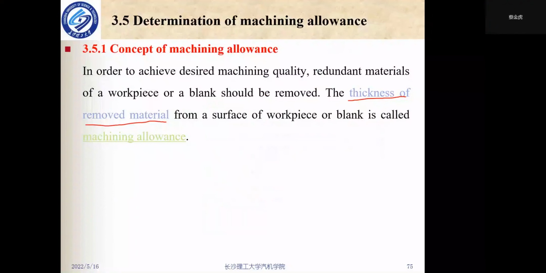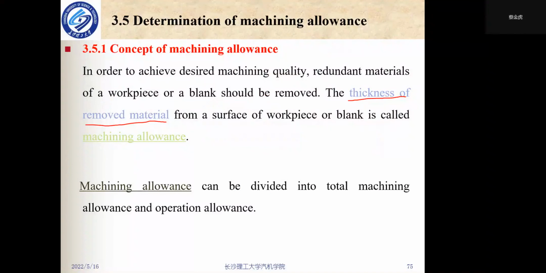Machining allowance is the thickness of removed material from a surface of a workpiece or a blank. And the machining allowance can be divided into total machining allowance and operation allowance.